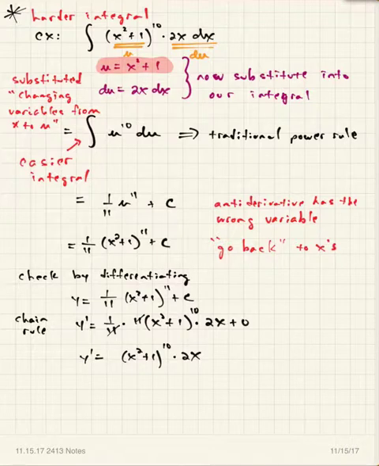So you're changing the variables on the harder integral, going from x's to u's, and you're hoping what you end up with is an easier integral. Then you evaluate that integral, and finally you go back to the original variable at the end. So it's kind of a 4-step process. All right, so for u substitution, let's write those steps out.